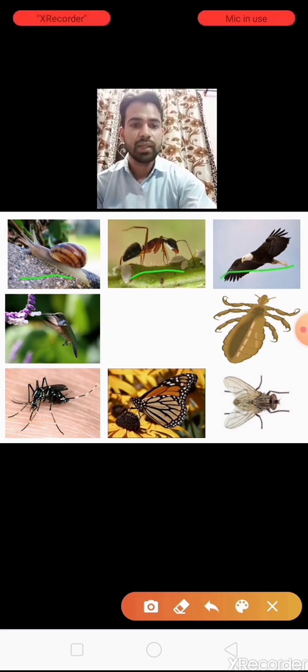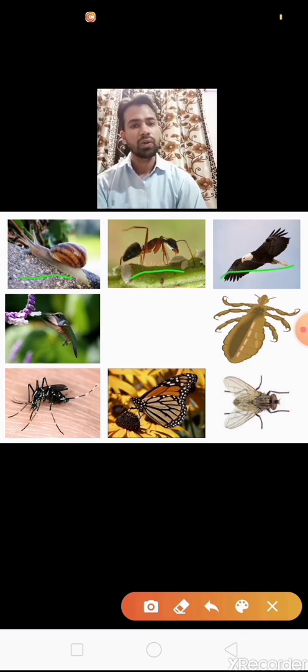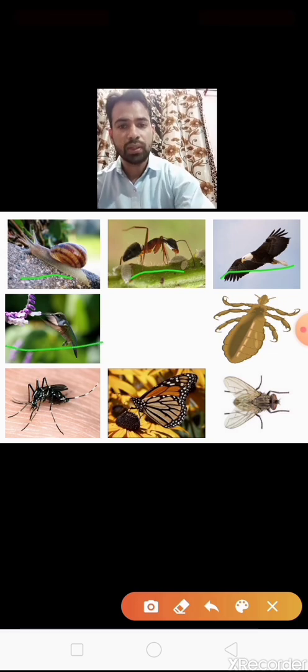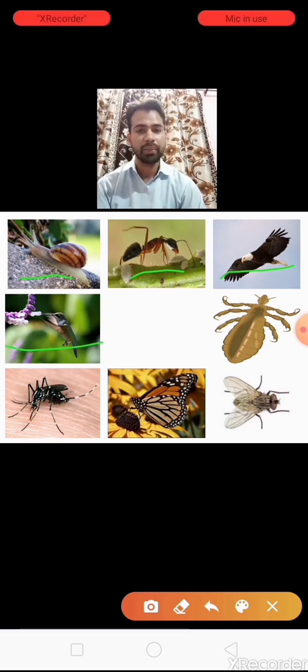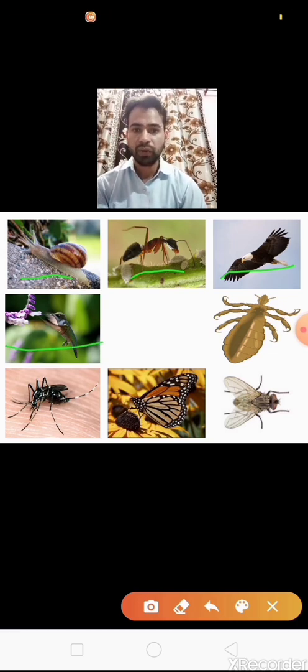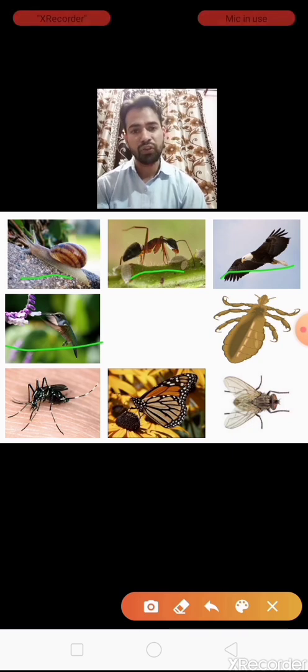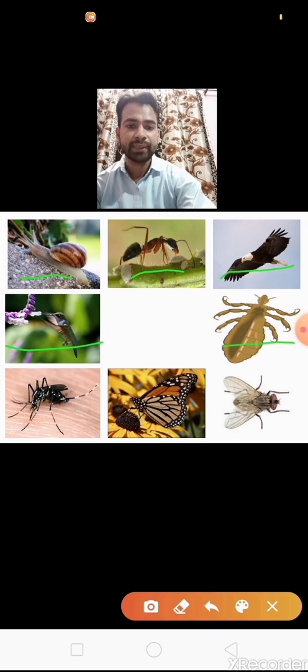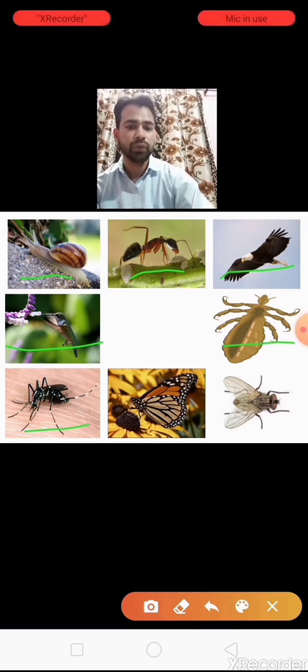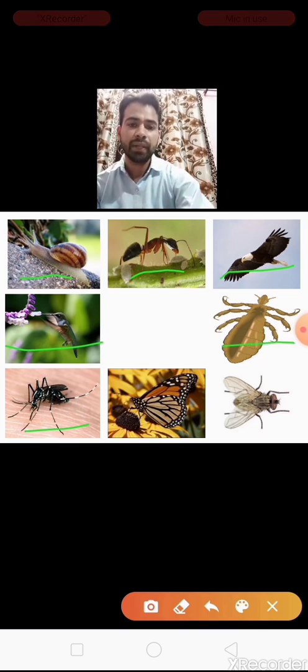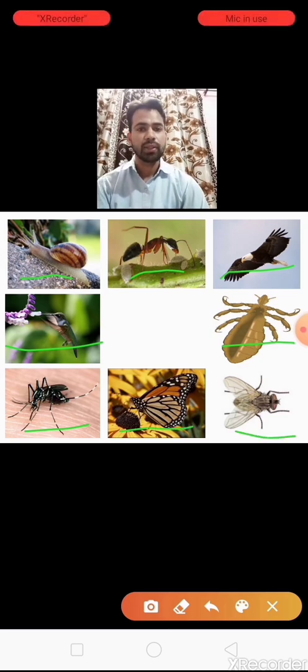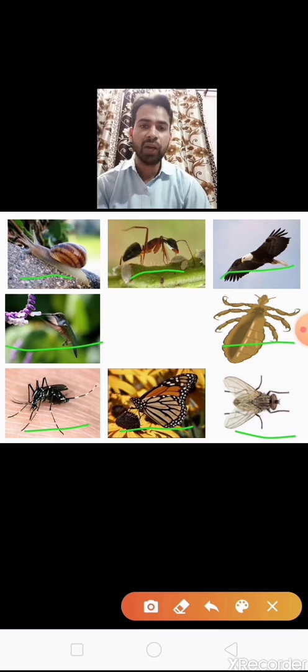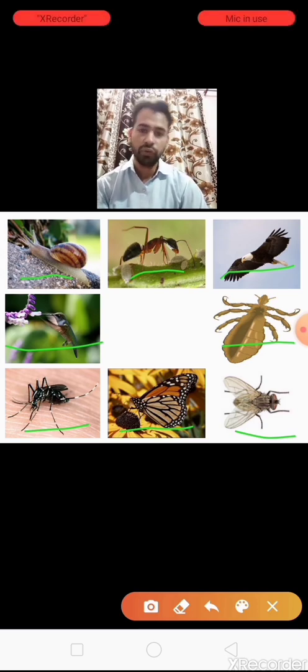Third, eagle. Fourth, hummingbird takes nectar from the flower, and the mode of feeding is sucking. Lice, mosquito, butterfly, housefly. So these organisms have different ways of taking food.